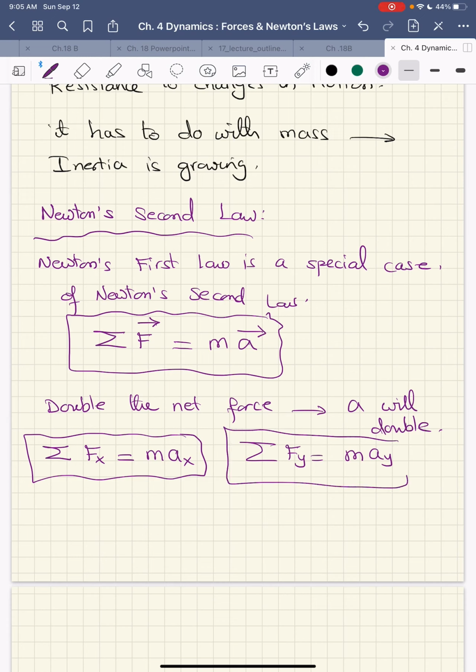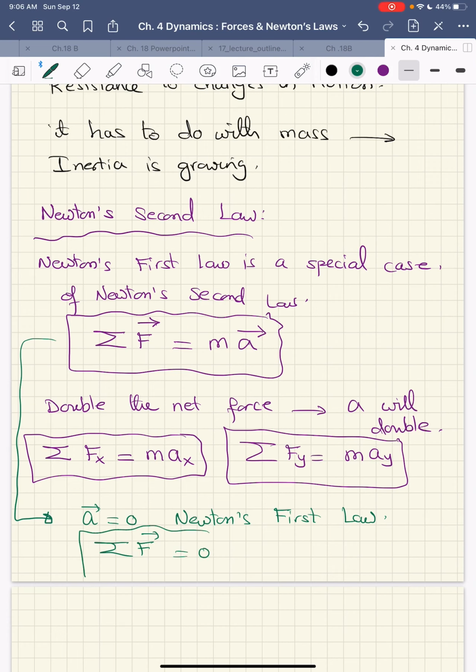And I think you can see that if the acceleration is 0, which is the case with Newton's first law, this means that sigma F should be 0.